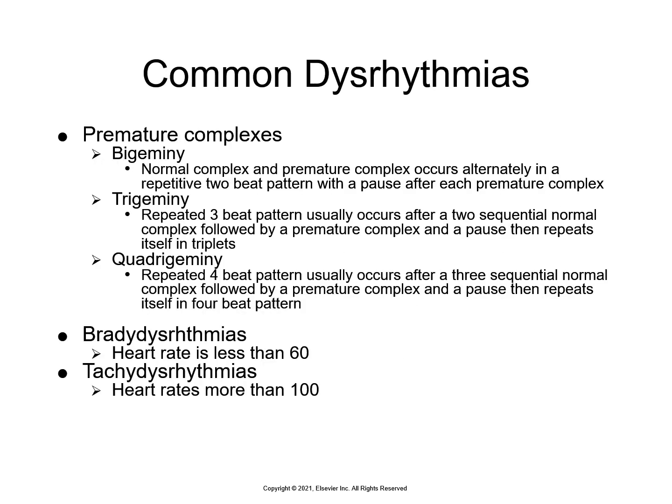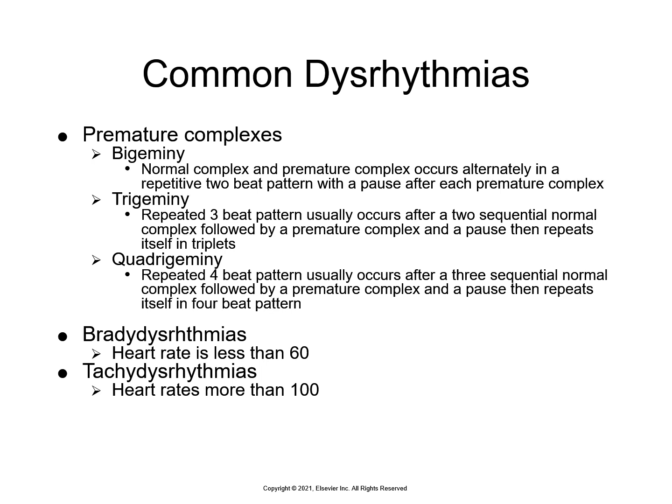Now, dysrhythmias can also be called arrhythmias, but common dysrhythmias that you are going to see, and I promise you're going to see these in your patients, especially if you work in the cardiac area, are premature complexes. And this can be bigeminy, or trigeminy, or quadrigeminy.